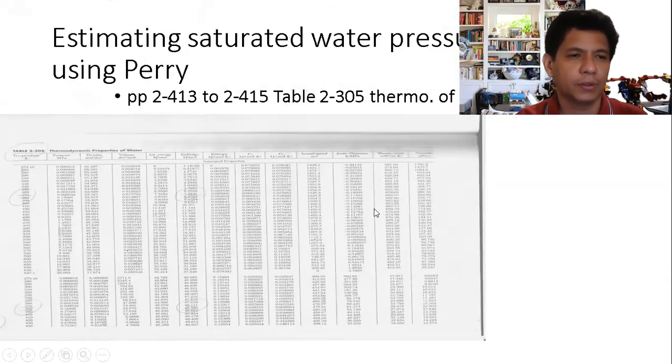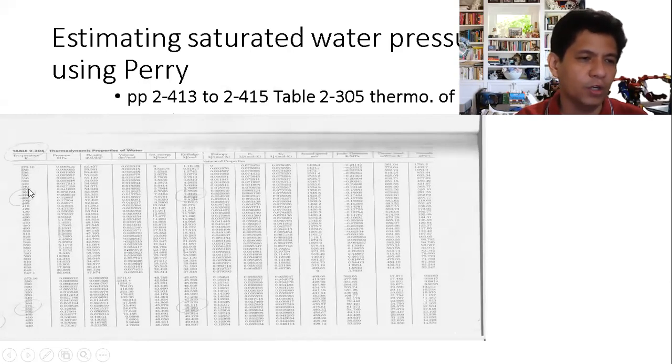You can find this in the handbook on chapter 2, pages 413 to 415. The title is Thermodynamics of Water. If you have the 9th edition, look around page 400 on chapter 2. The title of the table is Thermodynamics of Water.